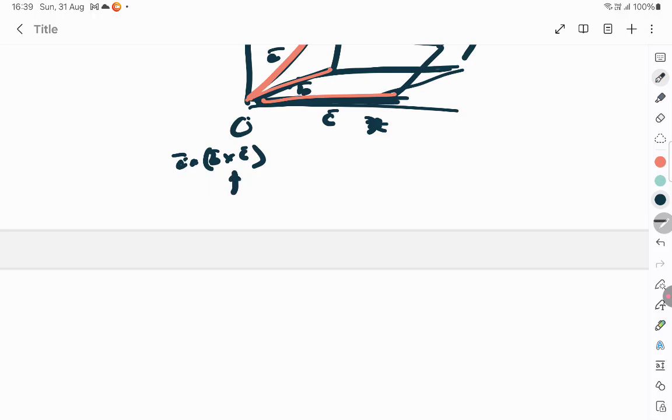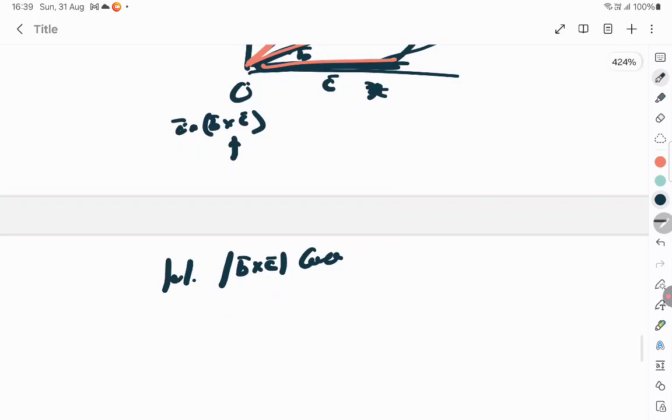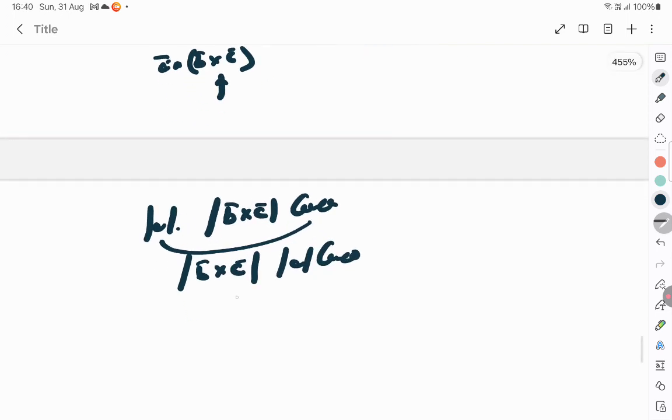First, let's apply the formula for the dot product, which is magnitude of A into magnitude of B cross C into cos theta. Now you can just write this along with this. You have B cross C with the magnitude of A into cos theta. B cross C is the base area of the parallelepiped.